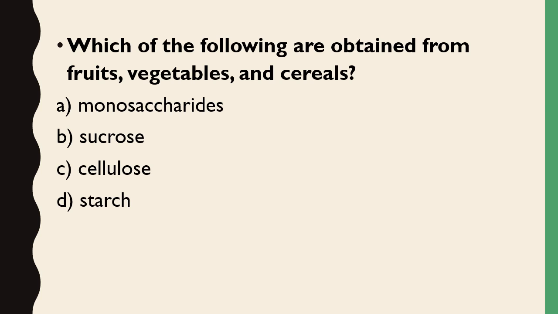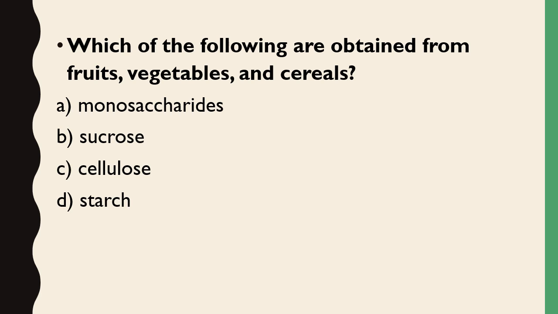Sucrose, cellulose. Now we have to eliminate cellulose because, let's think about it. Which of these is obtained from fruits, vegetables, and cereals? Monosaccharides, you would get from fruits and vegetables, not so much cereals. So we can eliminate monosaccharides, which are simple sugars.